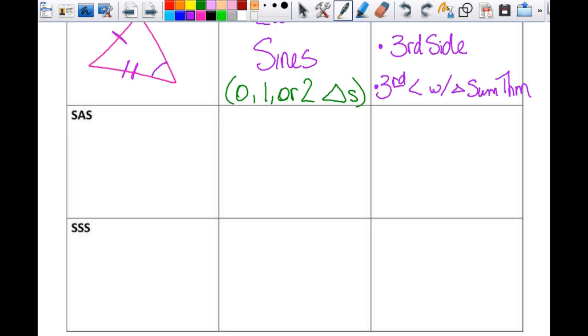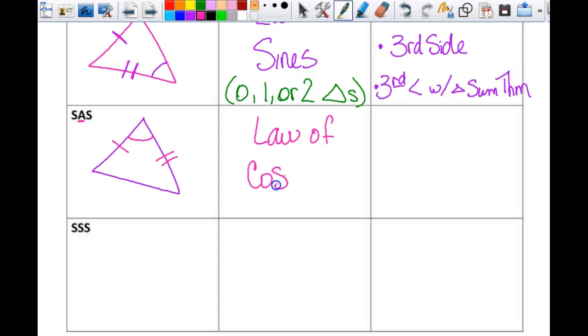All right, so side-angle-side looks like this. 2 sides and this included angle, just like the order of the letters. So is that law of sines or law of cosines? Cosines. So, law of cosines.